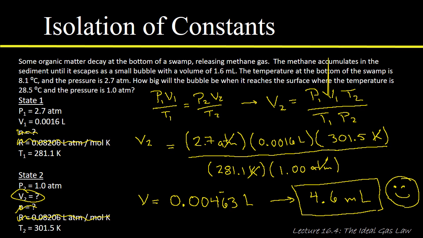Yay, fantastic. There are tons and tons of ideal gas law problems you can do. We've just done a handful here, but all of them pretty much follow the same steps, the same kind of procedures that we just did. So this ought to give you what you need to tackle all of the ideal gas law calculations.